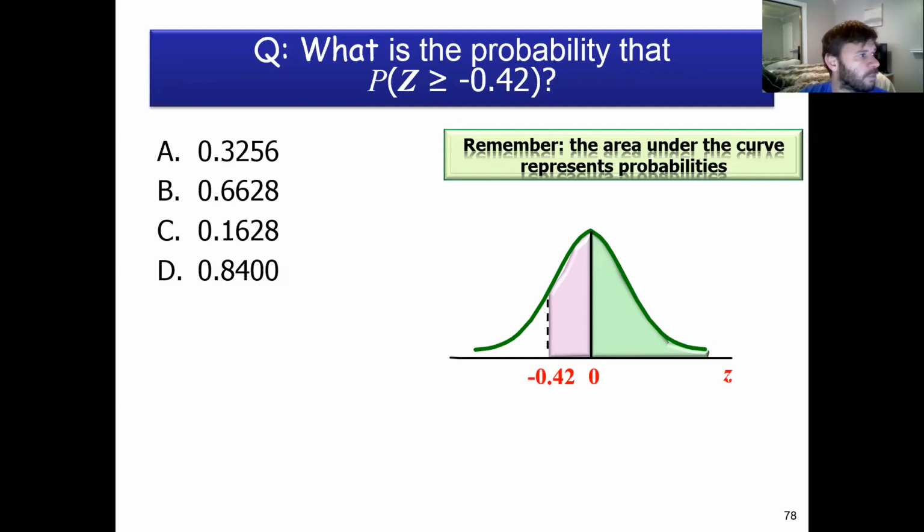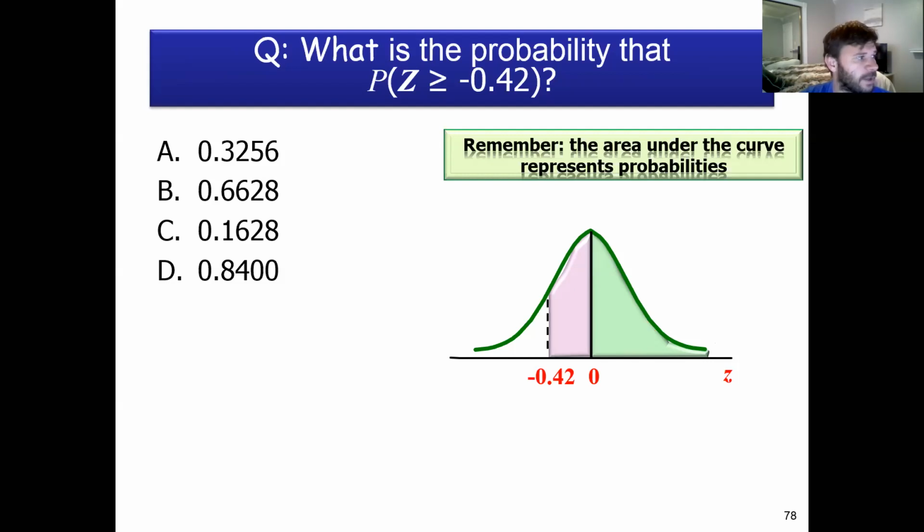So in this problem, remember, the table value is going to give us this pink region, the area between 0 up to Z. What we're going to have to do then is use the table to get that pink region, and then we're going to add it to the green region, which we know by symmetry has to be equal to 0.5 probability.